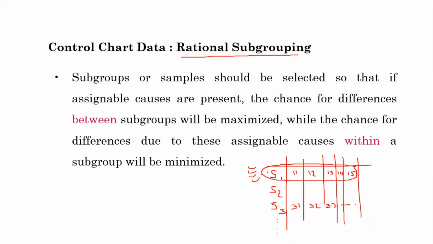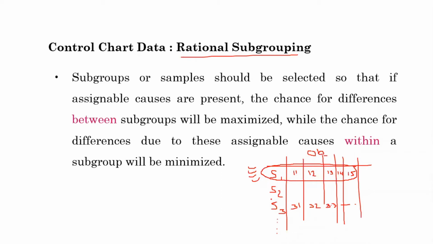These ones normally we call observations. So you have sample 1 and 5 observations. So the observations within a sample need to have a high percentage of similarity.